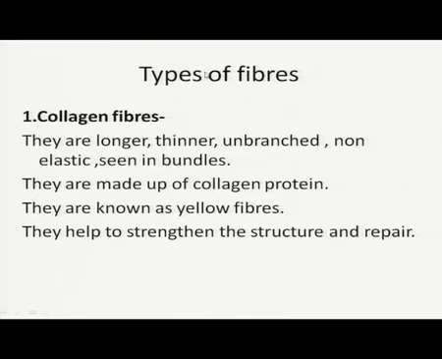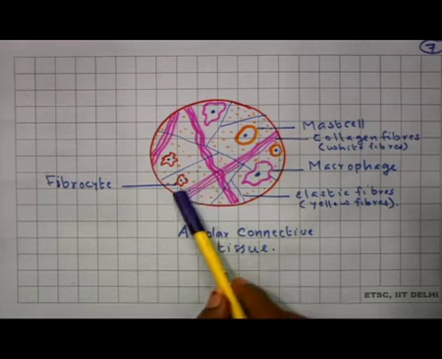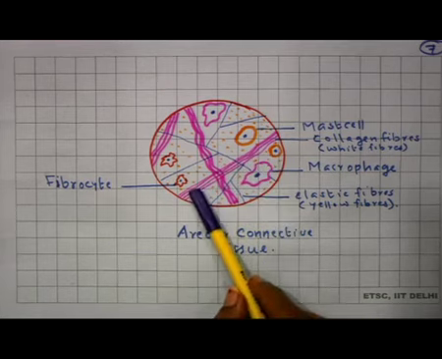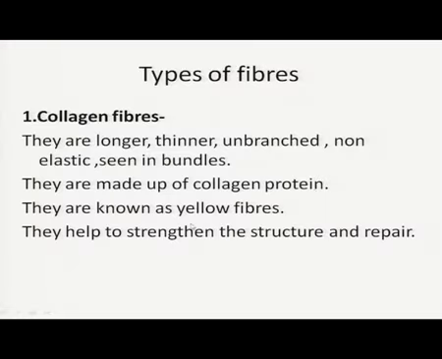Now, what are the different types of fibers? Collagen fibers: longer, you can see in the diagram, thicker, unbranched, seen in groups or bundles and arranged parallelly, and made up of the protein collagen. Their other name is white fibers.